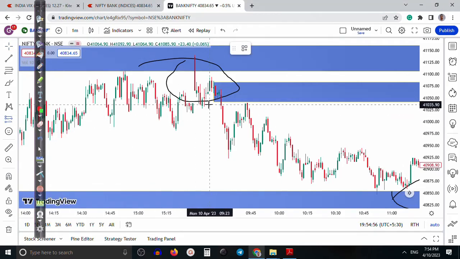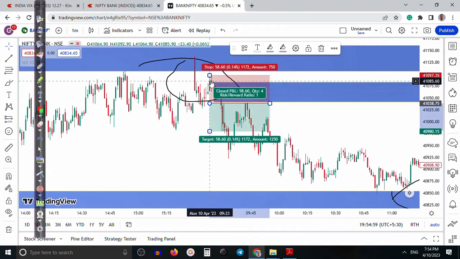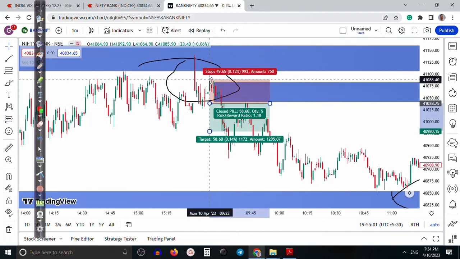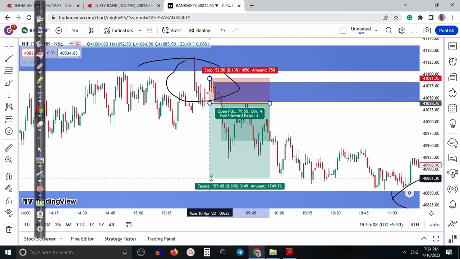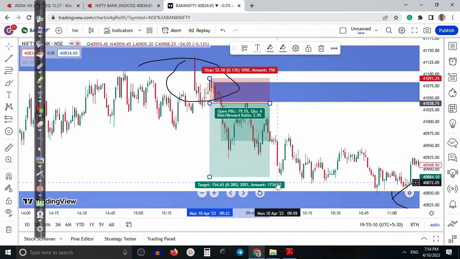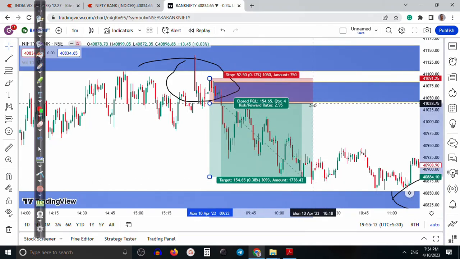So my entry point was just below this level and my SL was 50 points. So basically I use 50 points and target 1:3, 150. So this candle hit our target somewhere here.